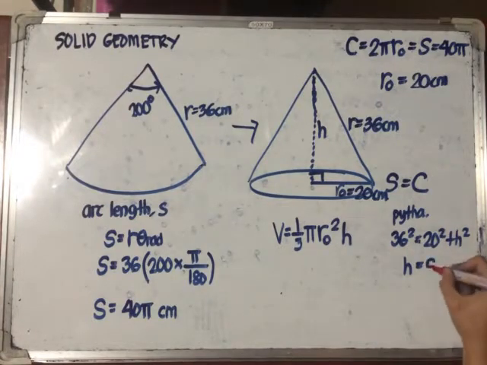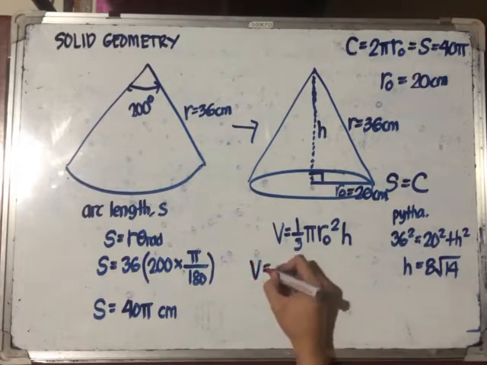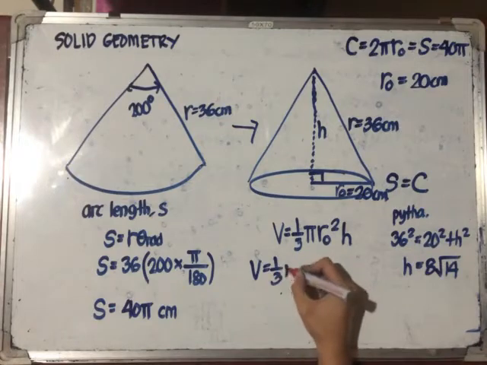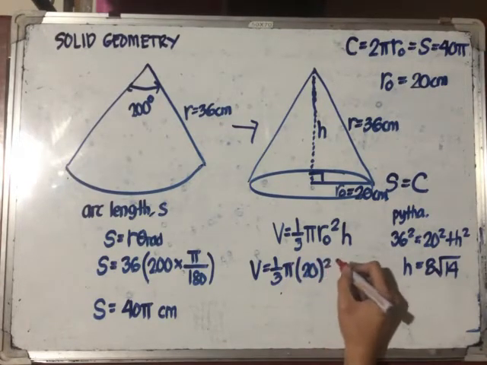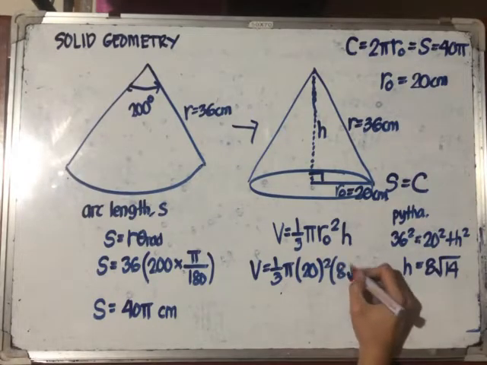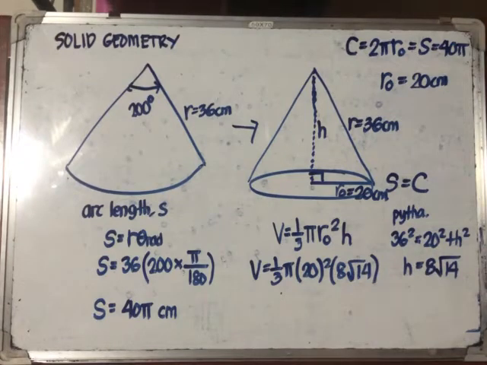That is 8 square root of 14. Putting everything together now, we have 1/3 pi r sub o is 20 squared, and your altitude h is 8 square root of 14. So that would be how much?